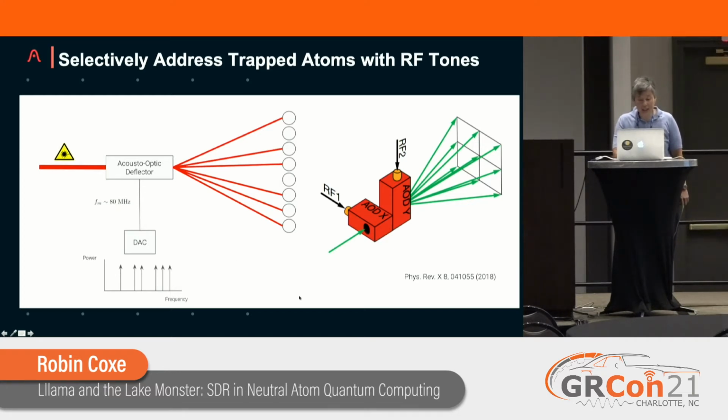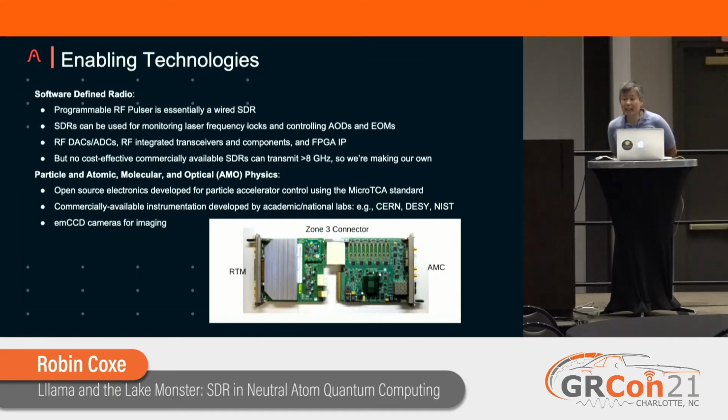When you have 2 of these crossed devices, you can individually address all the atoms in a 2D array by applying multiple tones to the AOD. Some of the enabling technologies for this SDR that we need are this programmable pulsar, which is effectively a wired SDR. We can also use software-defined radios to monitor laser frequency locks.